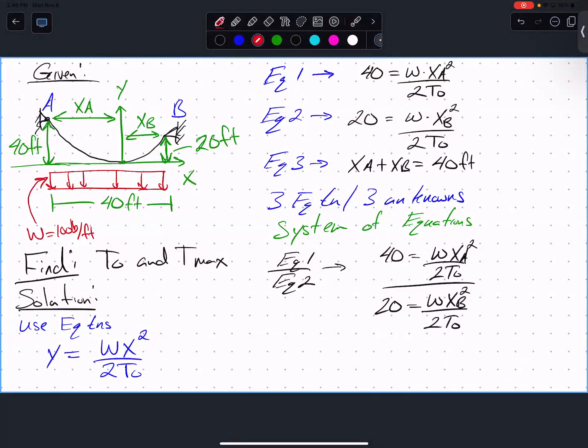What that does is it gets rid of w and the 2 T naught. So I'm left with 2 is equal to xa squared over xb squared. That really simplified things down nicely. If I rearrange this, it's basically 2 xb squared minus xa squared is equal to 0.